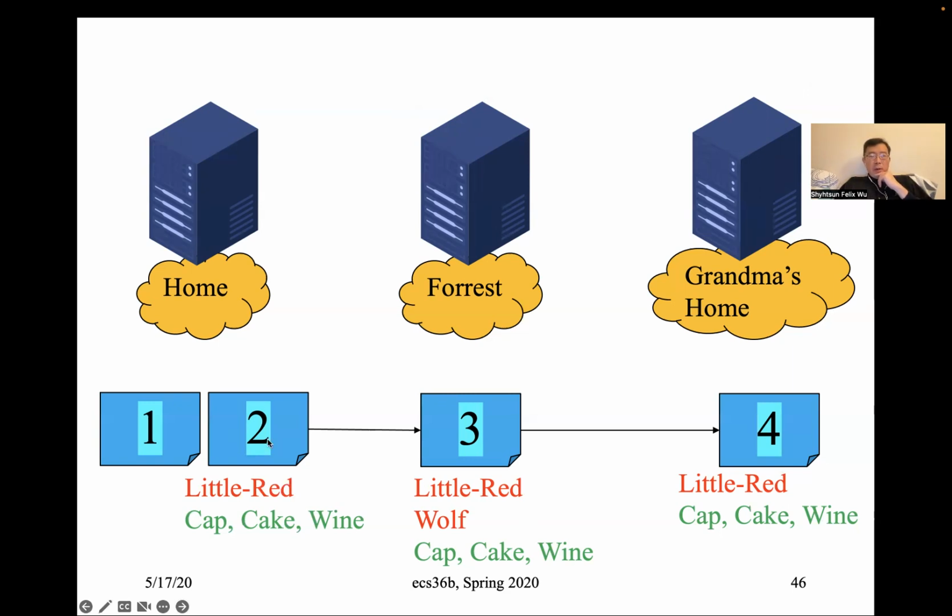For example, when we want to show the story, it is important to have the capability, when we transition from record number 2 to record number 3, to move the object from the first server, which represents the home, with an object called Little Red.